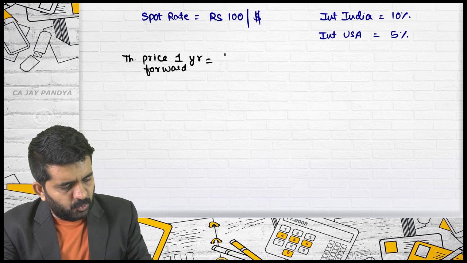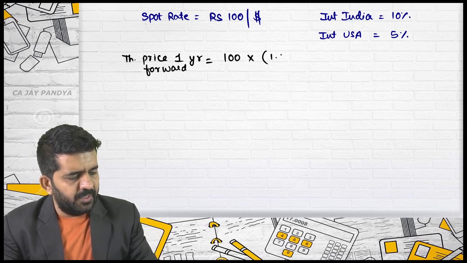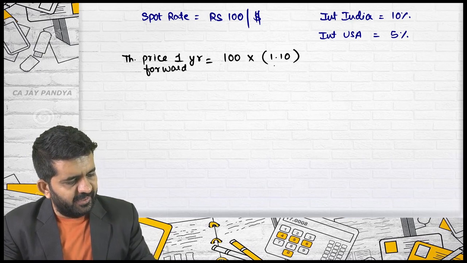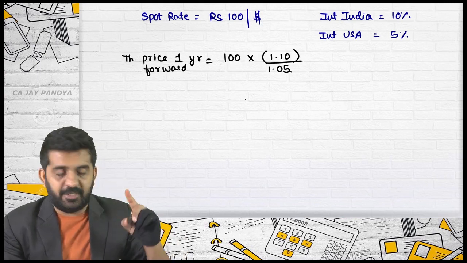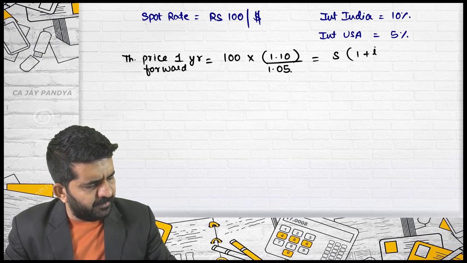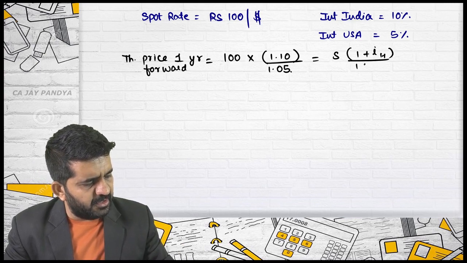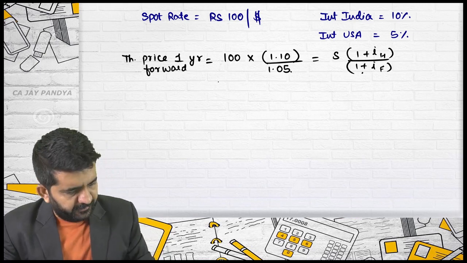Theoretical price of 1 year forward will be equal to 100 into 1.10 divided by 1.05. That's alright. Which formula have I used? Spot into 1 plus interest rate of home currency upon 1 plus interest rate of foreign currency. Is it all?